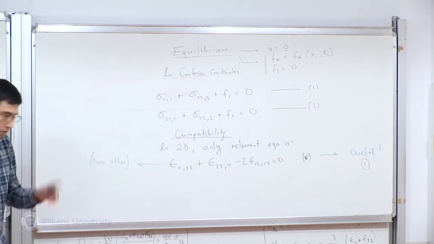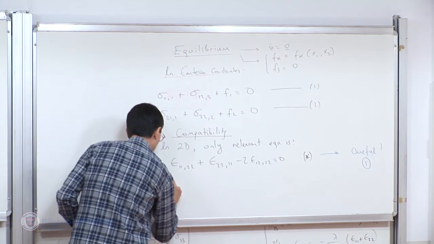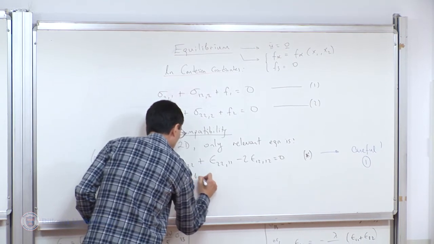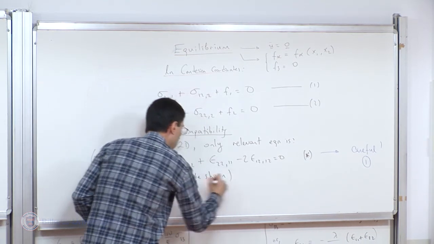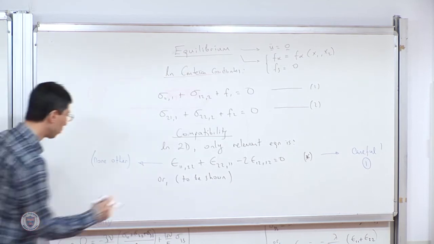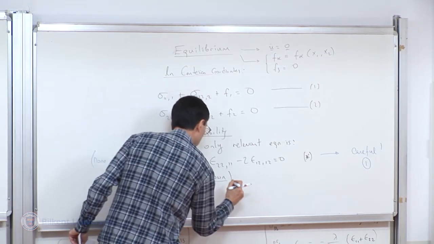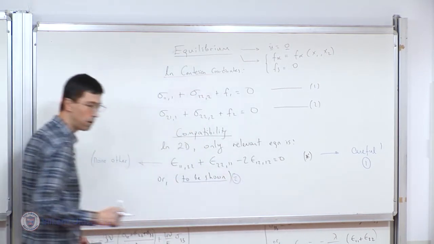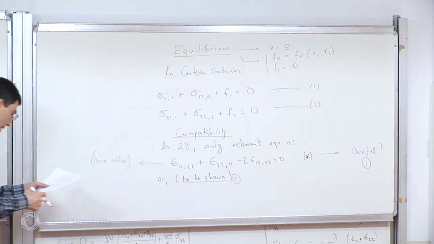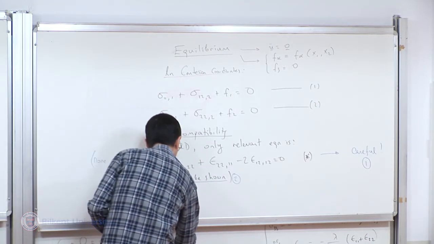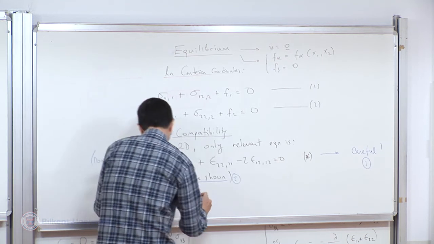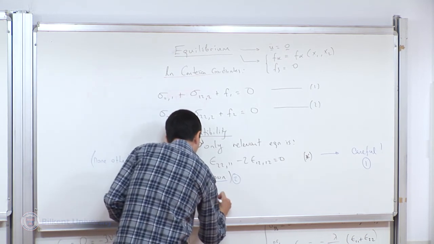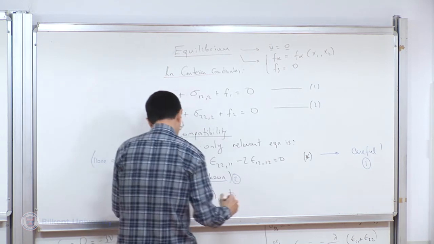And if you do that, and this is the second remark that I will make, I will show you this derivation. So this is our second remark that we would like to dwell on a little bit. You can show that the compatibility can also be written in terms of stress, and the expression is the following.